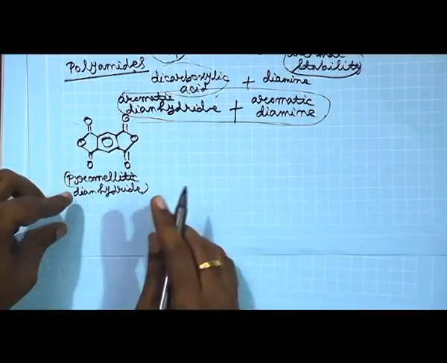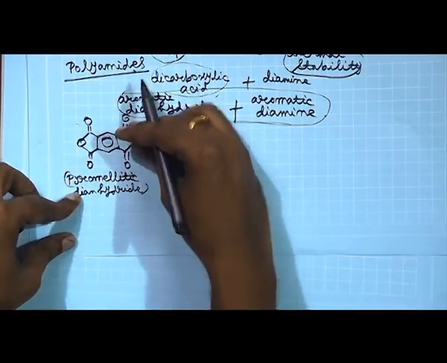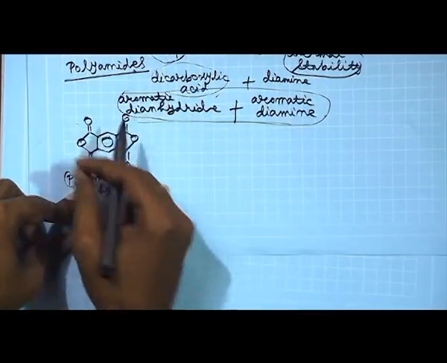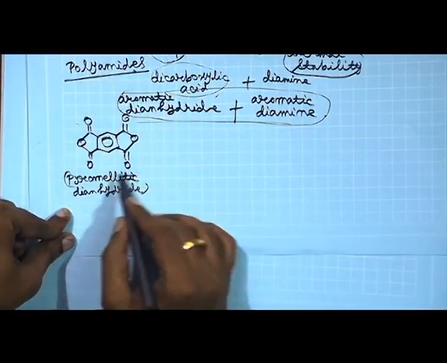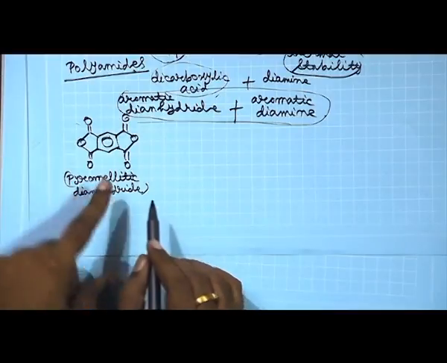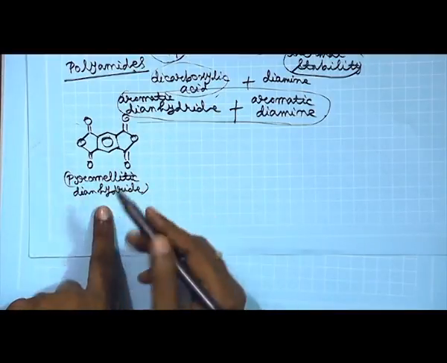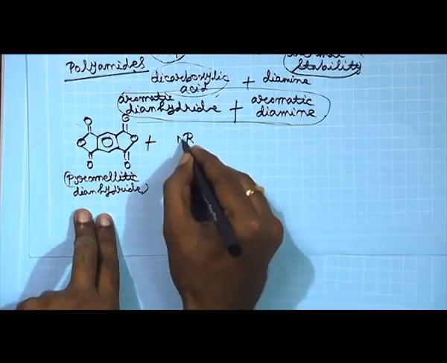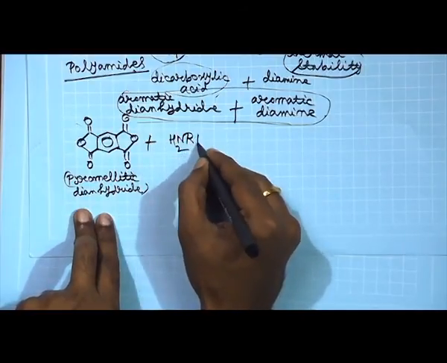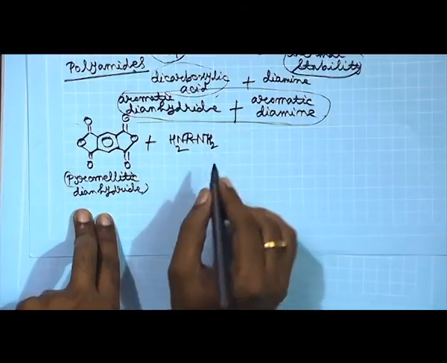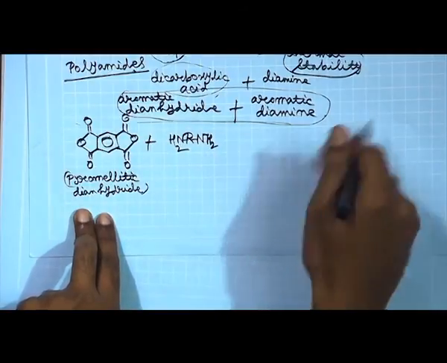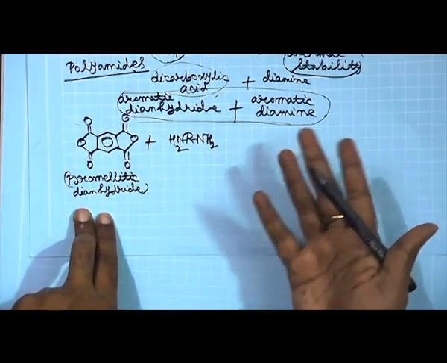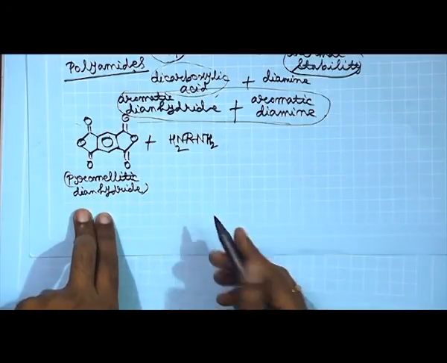Here one molecule of water is gone and then you can have this ring, and here also one molecule of water is gone and then you can have this ring. You react this aromatic dianhydride with some aromatic diamine. I am just putting an R, because the general structure is very important. You have to be able to draw the general structure. Once you know the structure, you can try to understand the structure property relationship.